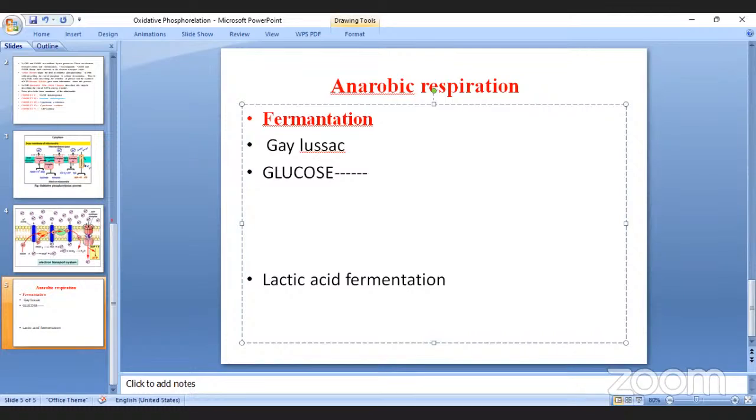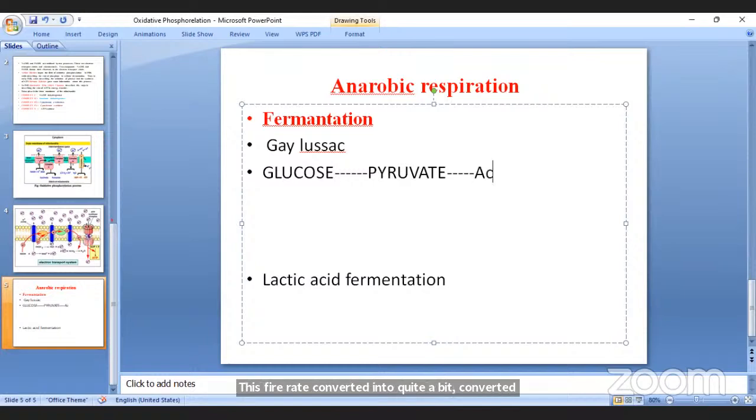After formation of pyruvate, this pyruvate is converted into acetaldehyde by the pyruvic decarboxylase enzyme, and as a result, carbon dioxide is produced.